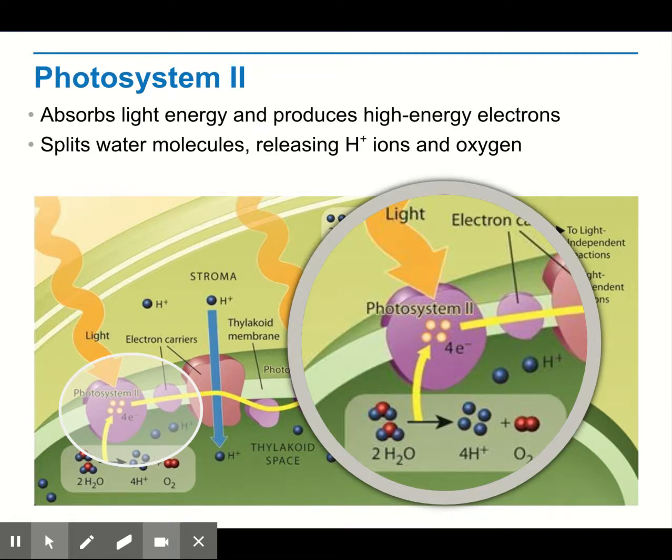It absorbs light energy using chlorophyll and makes high energy electrons. And it also splits a water molecule into electrons, which it uses to replace the ones that it sent along the chain. It makes some hydrogen ions, which stay within this space. Notice how there's a bunch of little H pluses. And it also creates oxygen gas. So this is actually the oxygen that goes out of the plant into the atmosphere, and we breathe in that oxygen.